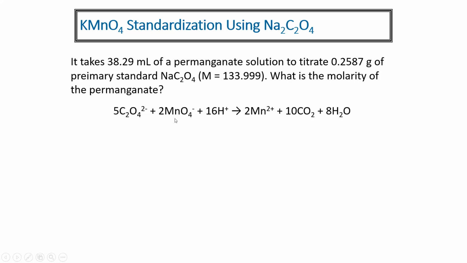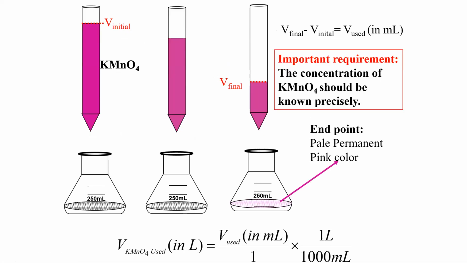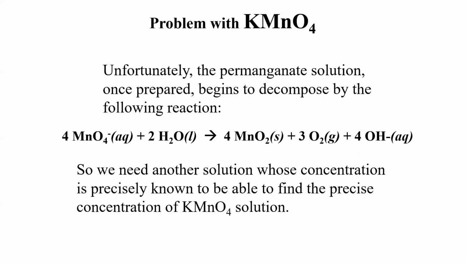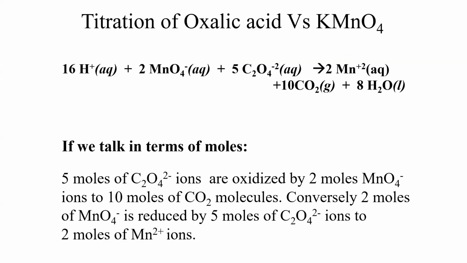Once you get the molarity of the KMnO4, it's that molarity that we now use in our equation. So the step is that first of all, you standardize your KMnO4 with oxalic acid to get the actual concentration of your KMnO4. And once you get it, you can now react your KMnO4 with iron to get the actual concentration of iron in your sample.